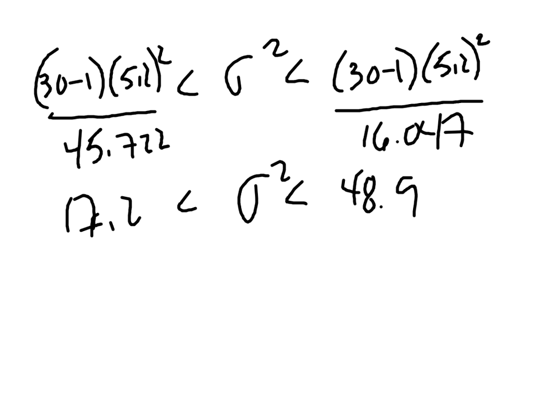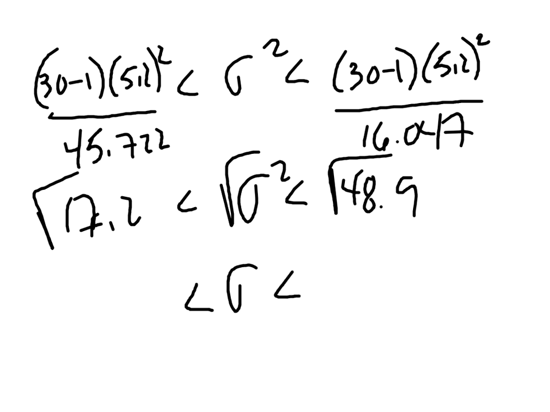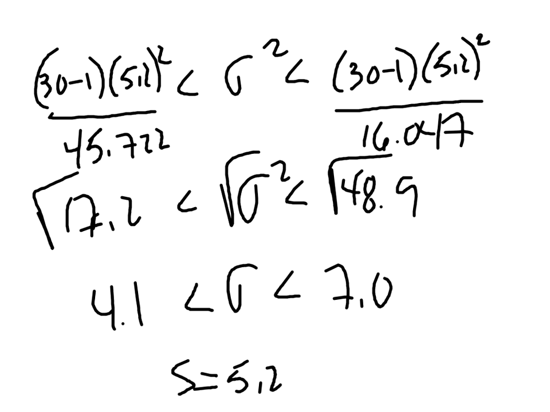Recall that the square root of the variances gives us a standard deviation. In this case, of course, the population standard deviation, and that lies between 4.1 and 7.0. Remember, our sample standard deviation was 5.2.